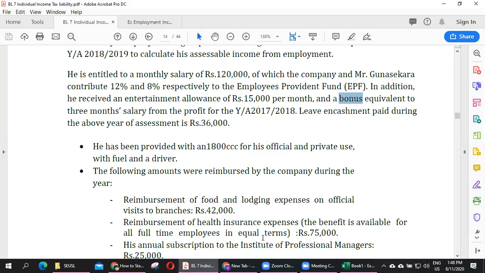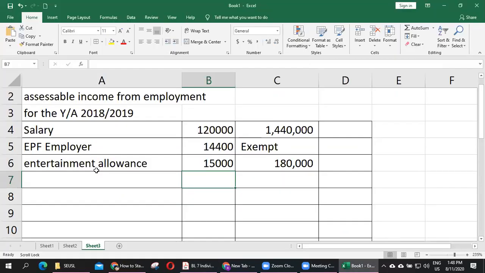One month is 120,000, so 3 months salary is 360,000.